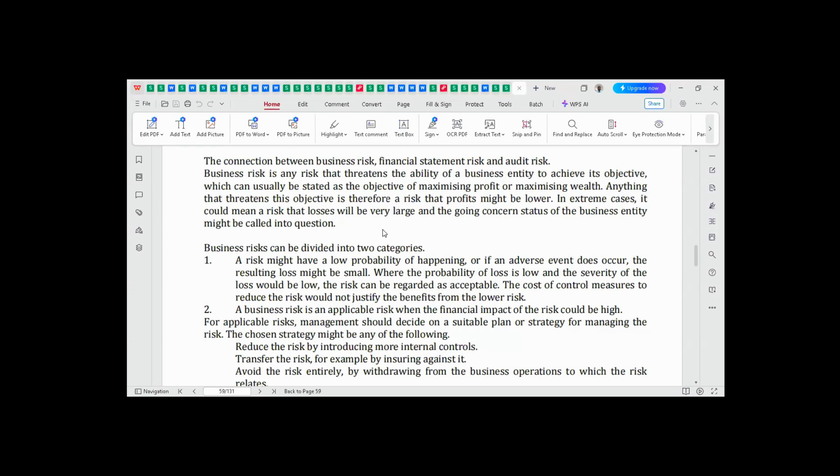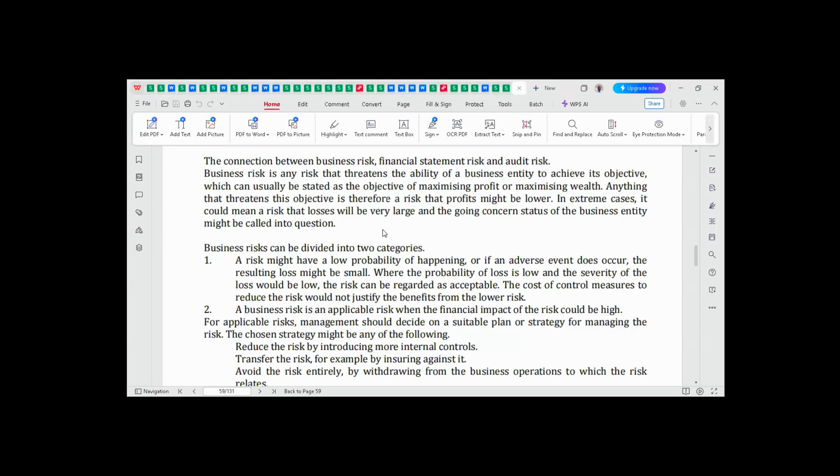You cannot go and fight government, or say you won't import. You need to manage your business. You have to mitigate that risk.